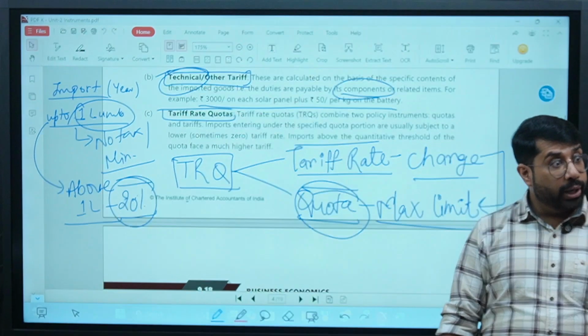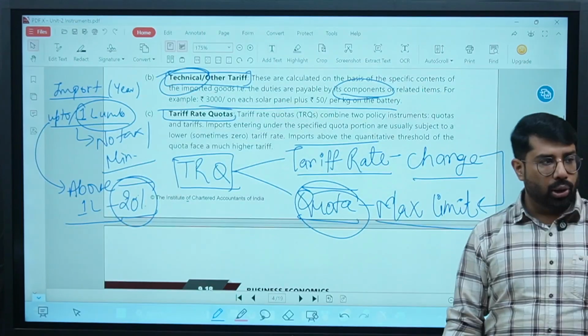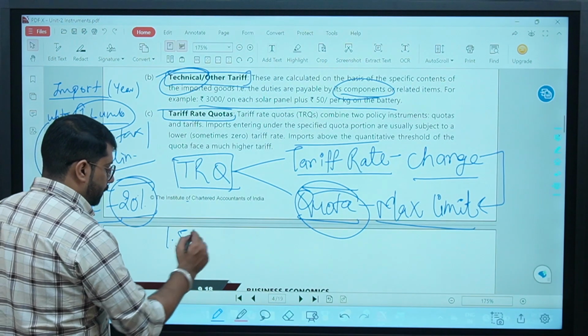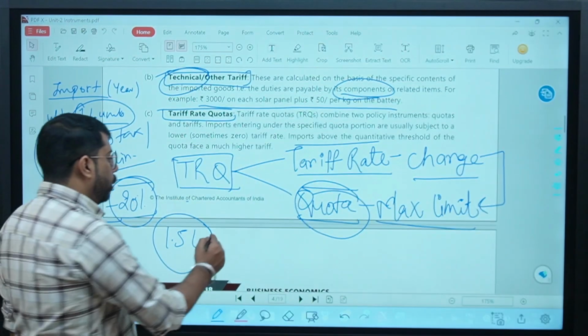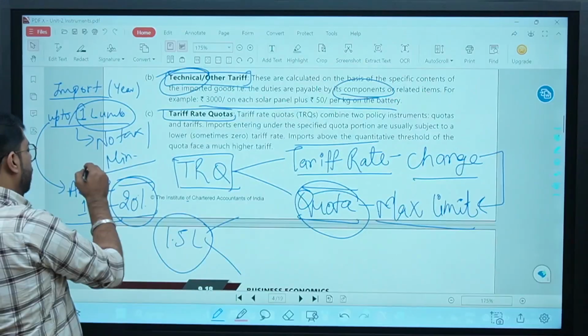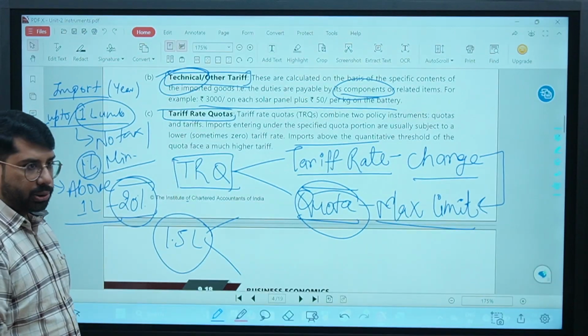1 lakh 1 unit, on the whole 20%. Government might say this also, for example if you import 1.5 lakhs. Although it depends upon the policy of the government, it may work in two ways. Let's say the government says you pay 1% tax up to 1 lakh, above that 20%.